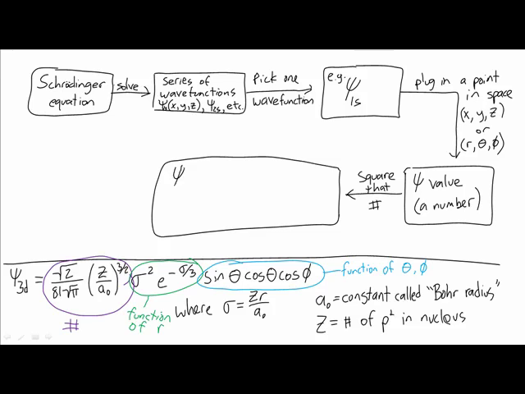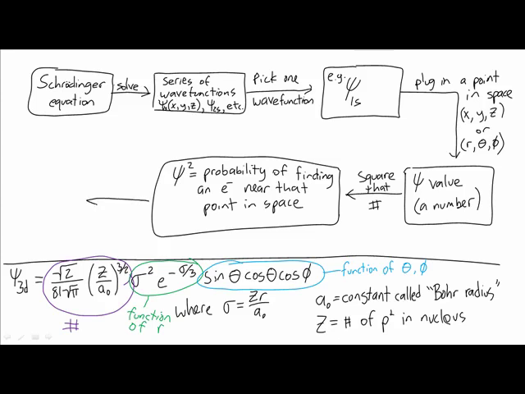And that gives you psi squared. And that's the probability of finding an electron near that point in space. And we're not going to do that either. Someone else has done that.